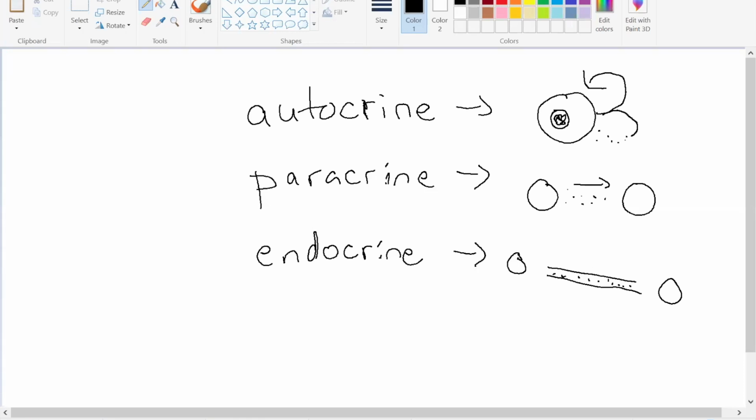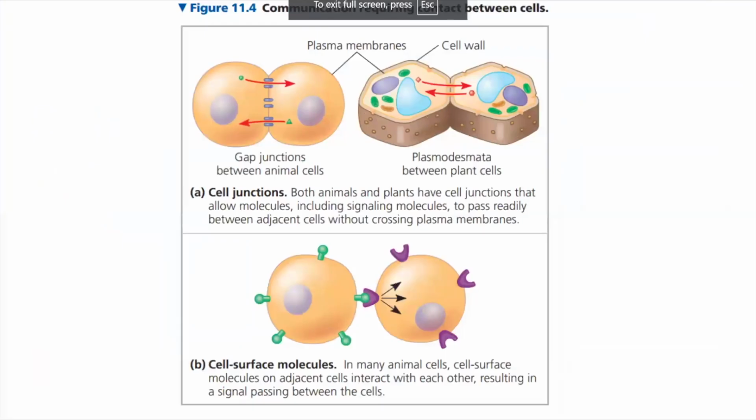Okay. So the first example they're giving here is cells that are actually connected together. In animal cells, when they're connected together, it's called gap junctions. And in plant cells, when they're connected together, they're called plasmodesmata. Sophia, what is probably the main difference between plant and animal cells?